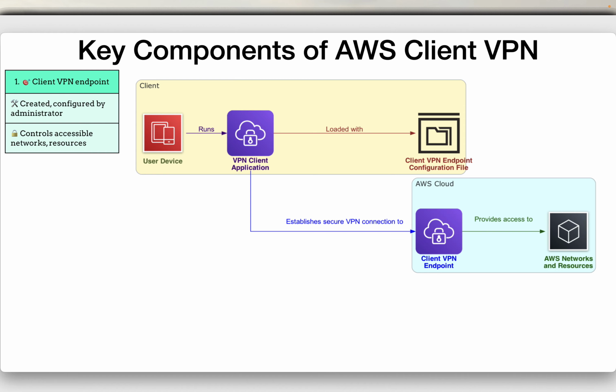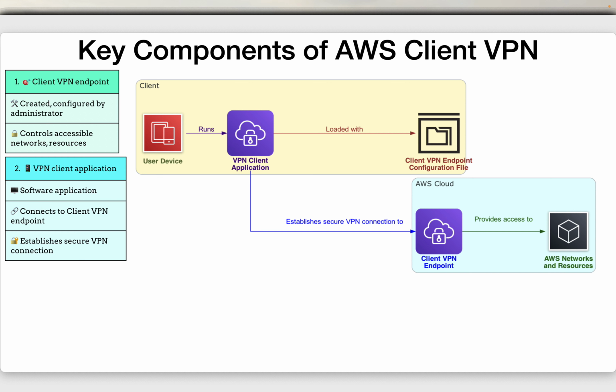Then key components of AWS Client VPN. I'll just quickly run through it. This one we have already seen, the client VPN endpoint. Your client VPN administrator creates and configures a client VPN endpoint in AWS. Your administrator controls which network and resources you can access when you establish a VPN connection. This is from the user's point of view, so users will just see very little information.